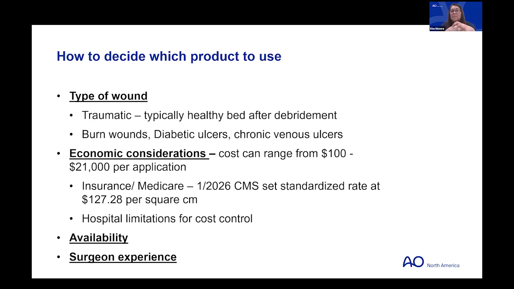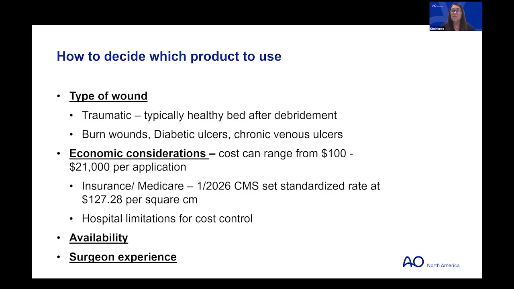Those wound beds may not be able to be done in one stage because the wound bed is just not good. We first have to get a good wound bed before we can actually cover it. So you may need more of a temporary product for a chronic wound versus a one stage.